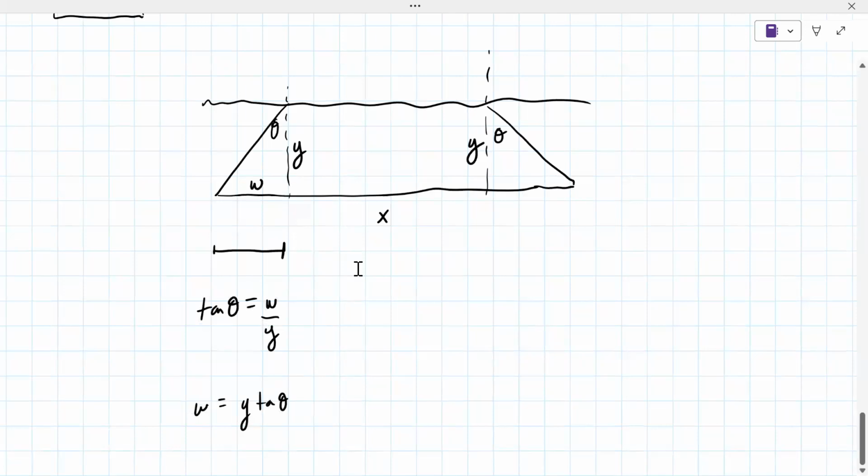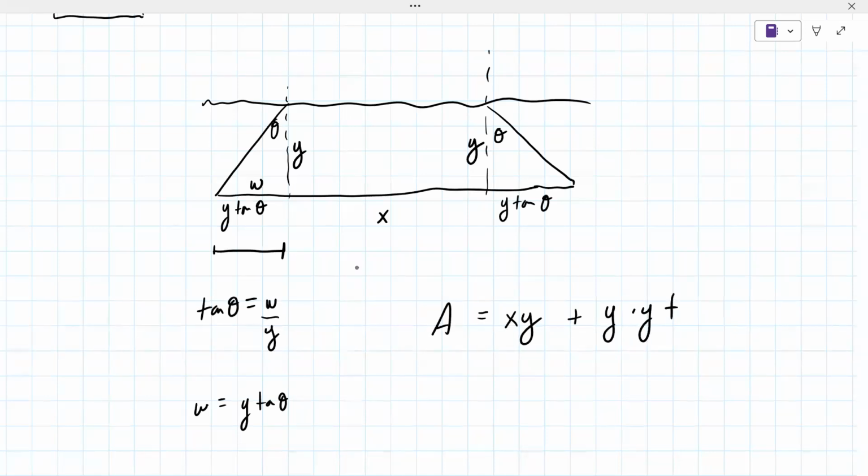So we could call this y tangent theta, but the total area is x times y plus the triangles. Now, it's really a square, so it's really y times y tangent theta, or a rectangle, because you can overlap this one on the right here.